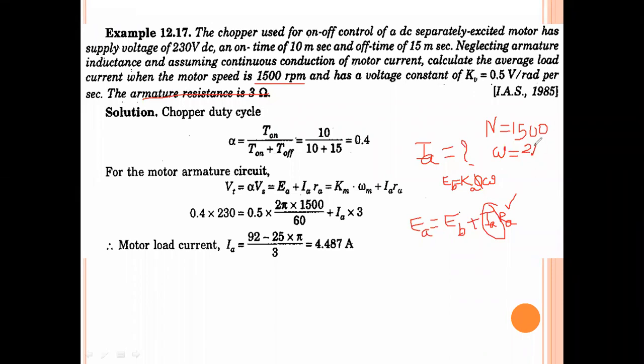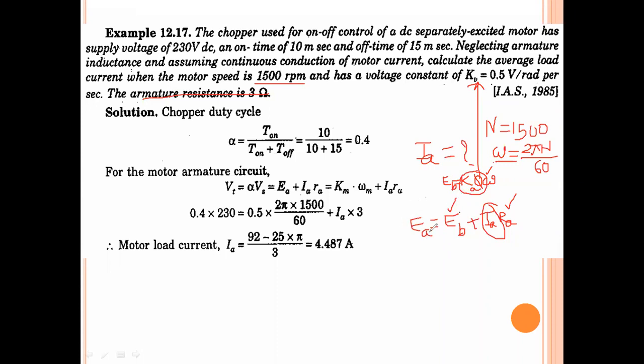The 2 pi and 60 are constant values, and N we know, which is 1500 RPM. With this we can get omega. K phi is a constant, and in the problem the voltage constant has been given already as 0.5 volts per radian per second. So we can calculate EB from omega and kV. So EB also we know.